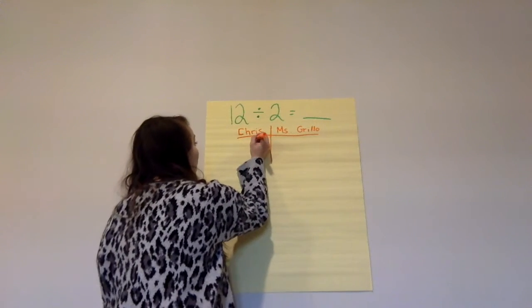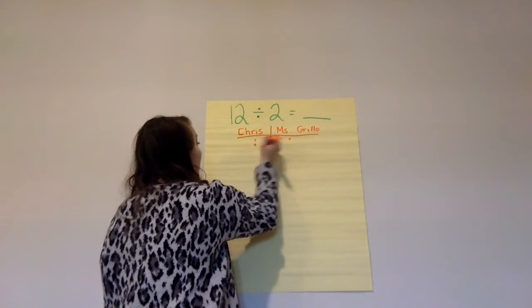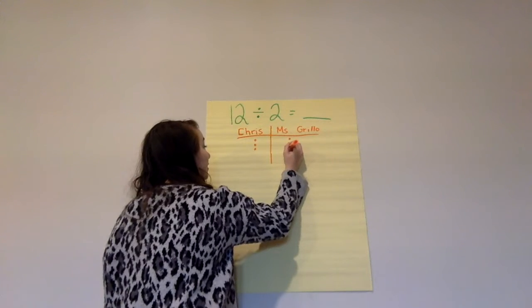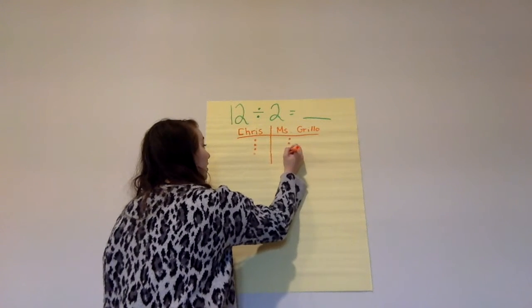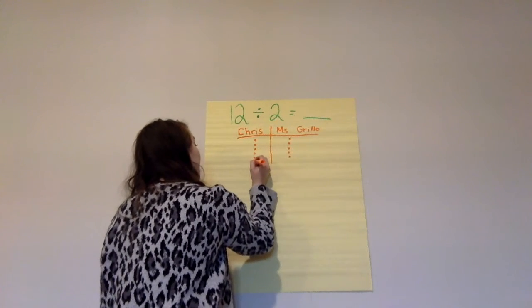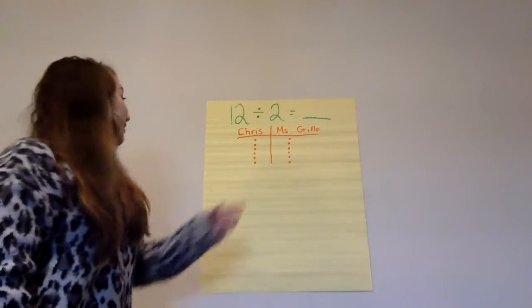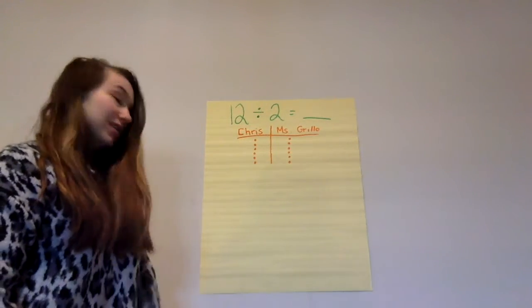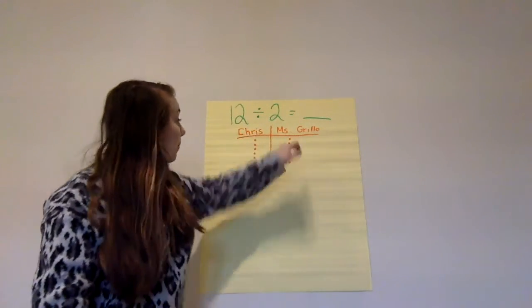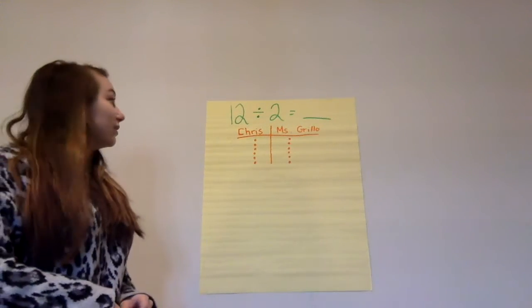So count with me. 1, 2, 3, 4, 5, 6, 7, 8, 9, 10, 11, 12. All right, did we count out 12? Yeah, we did. Are our groups equal? Do we have one lined up with the other? Yep, so that means there are no remainders.